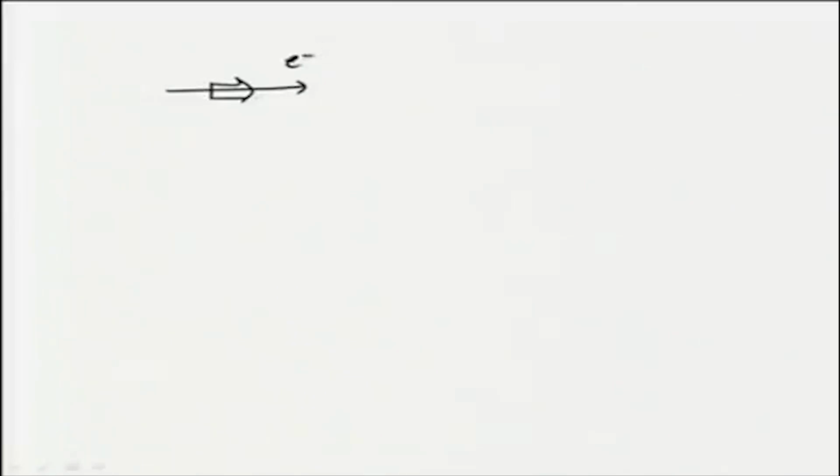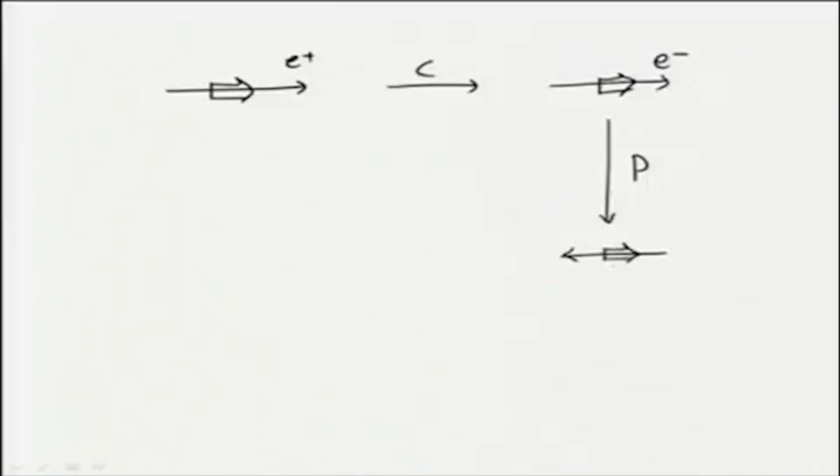So, e plus under charge conjugation is expected to go to e minus with the same momentum and spin. But now, let me apply parity to it, and that should give me opposite momentum, but the spin orientation the same, particle remains the same.